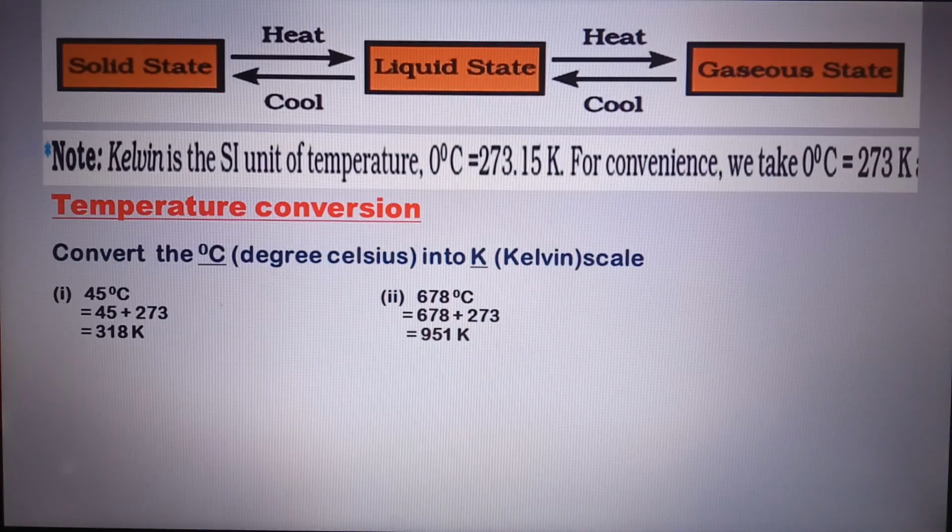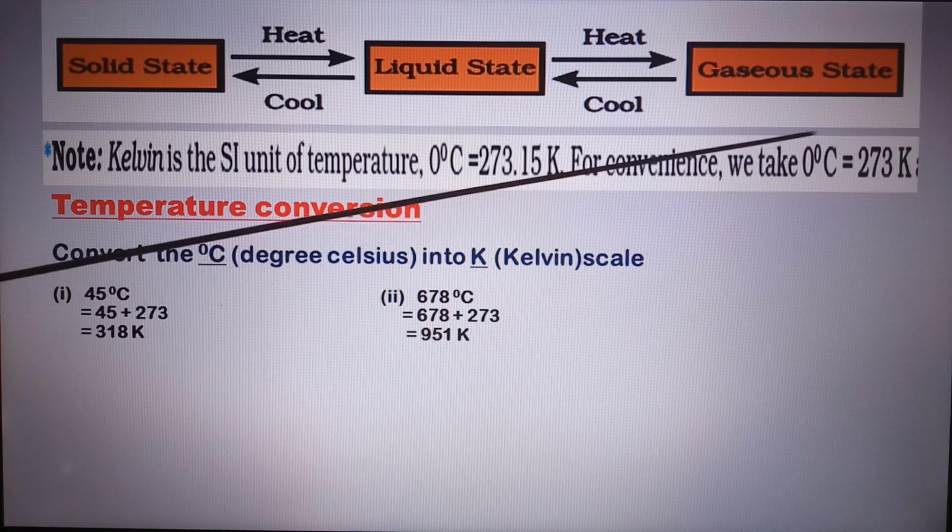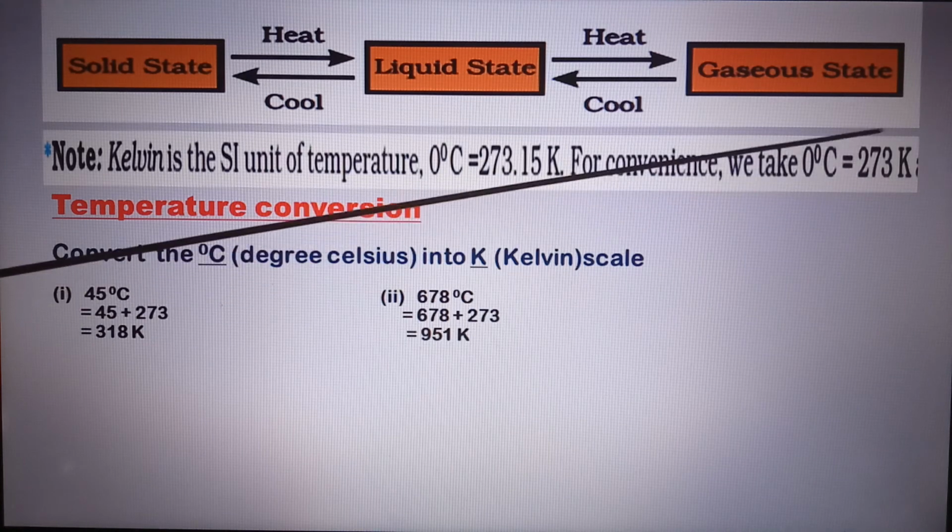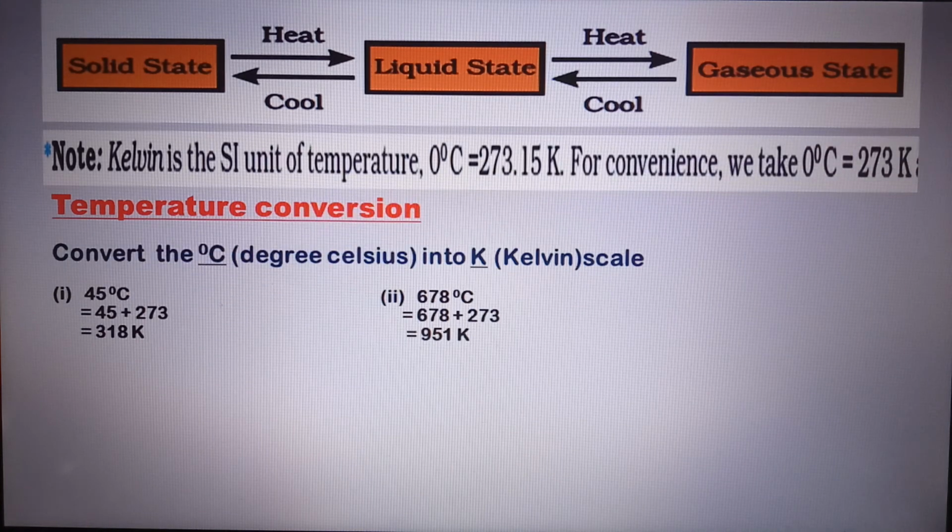Let us have a look at the calculation of temperature while converting from one scale of temperature to the other. When you want to convert degree Celsius into the Kelvin scale, you have to add 273, as 0 degree Celsius is equal to 273 Kelvin, which is the difference between Kelvin and degree Celsius.